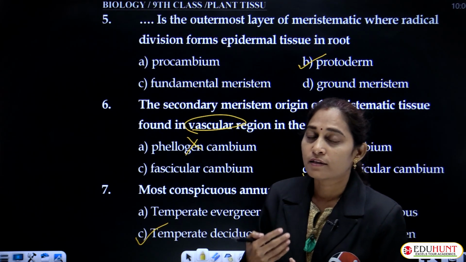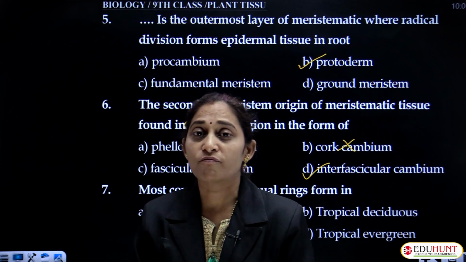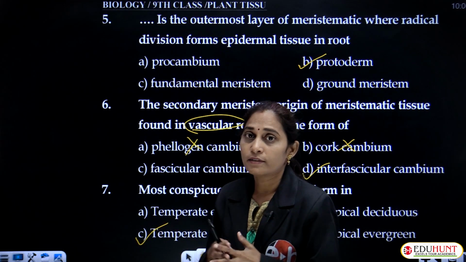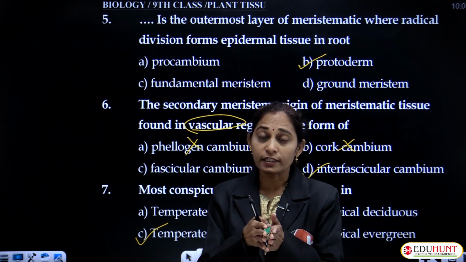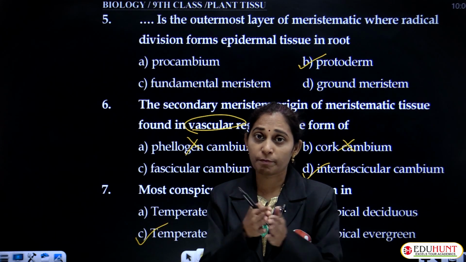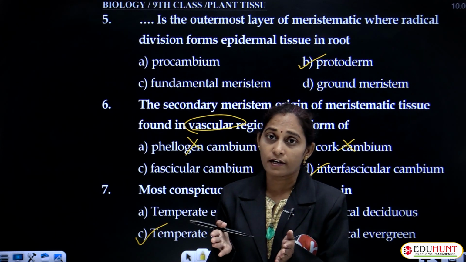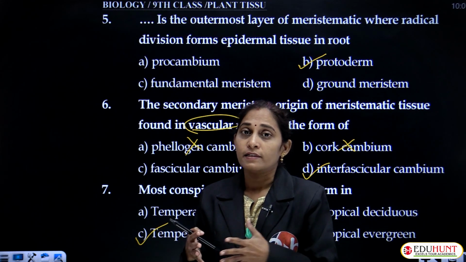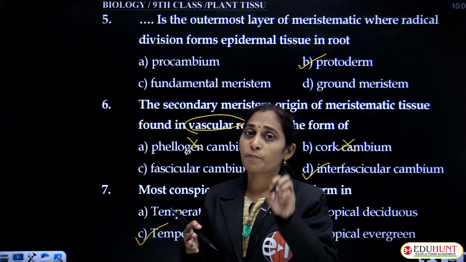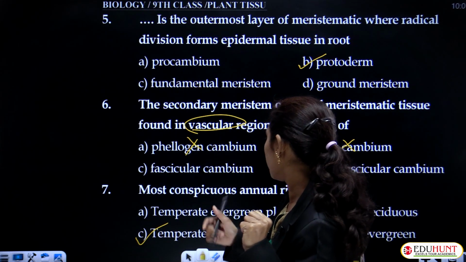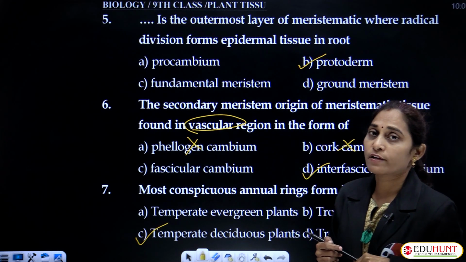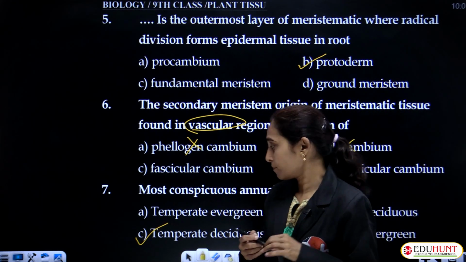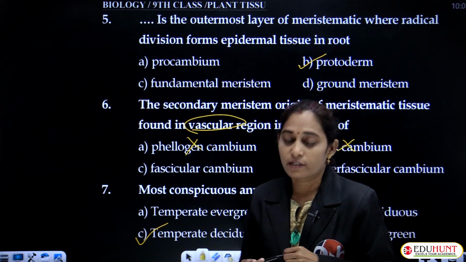The plants are present in a region where sharp climatic differences are there. One is spring and one is autumn, like that. They possess sharp annual rings. Most conspicuous annual rings are observed in temperate deciduous regions.